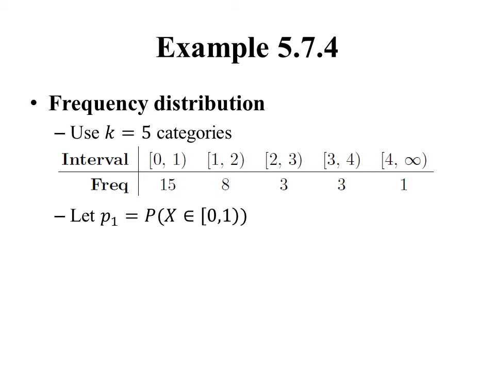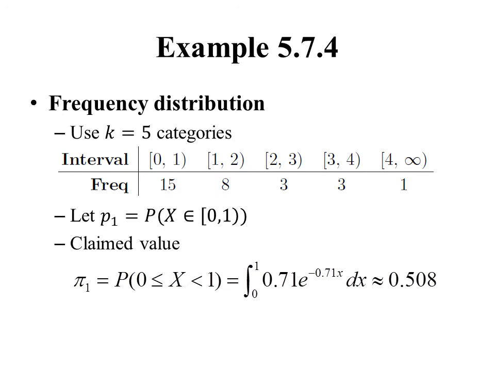Now let's let p sub 1 equal the actual probability that x is in this first interval. Or stated another way, this is the actual probability that x is between 0 and 1. Now, if x really did have this exponential distribution, then the probability that x is in this interval would be, well, to calculate that, we simply need to integrate our density function over that interval 0 to 1.